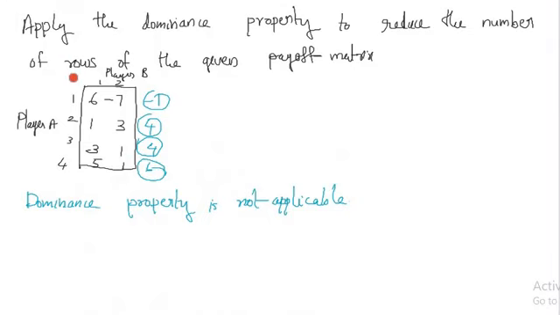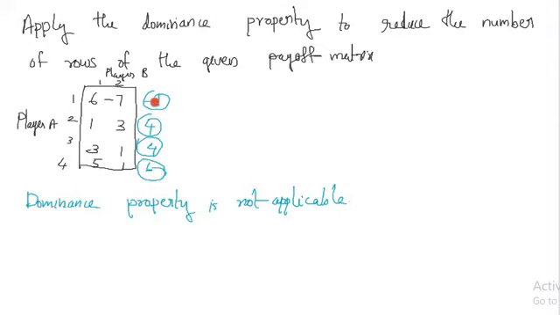Now apply the dominance property to reduce the number of rows of the given payoff matrix. For that, calculate the row sum. For the first row, the sum value is -1. For the second row, 4. Third row, 4. Fourth row is 6.